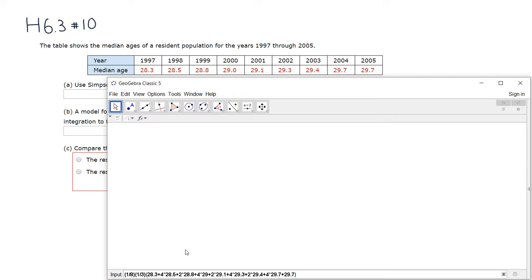And delta x is going to be 1, since it's just 1 year, so multiply by 1.